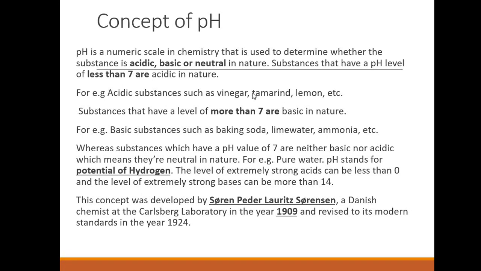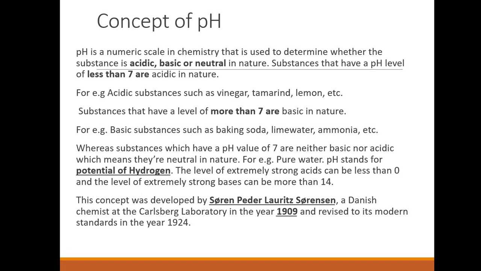Examples: vinegar, tamarind, lemon, etc. are known as acidic substances in nature. Similarly, substances that have a pH level of more than 7 are known as basic substances in nature. Examples are baking soda, lime water, ammonia, etc.